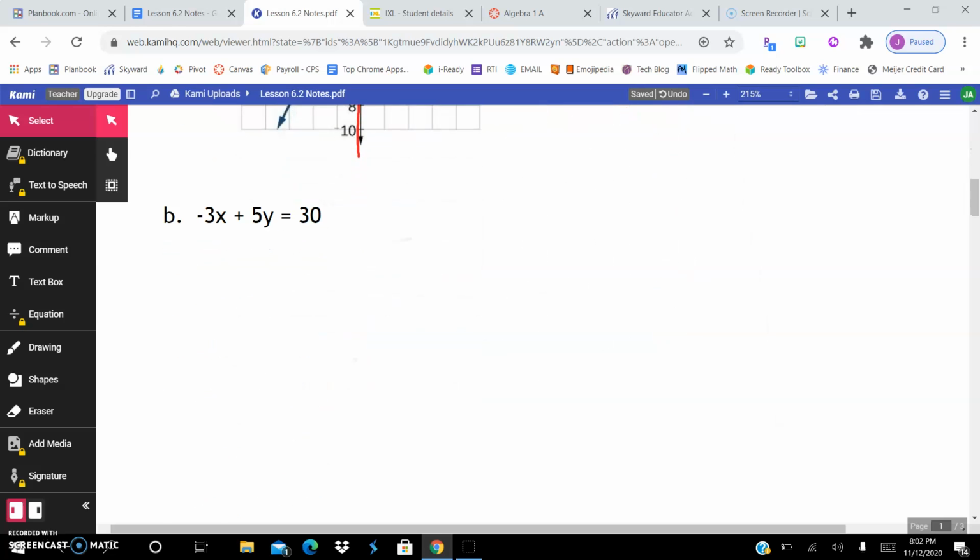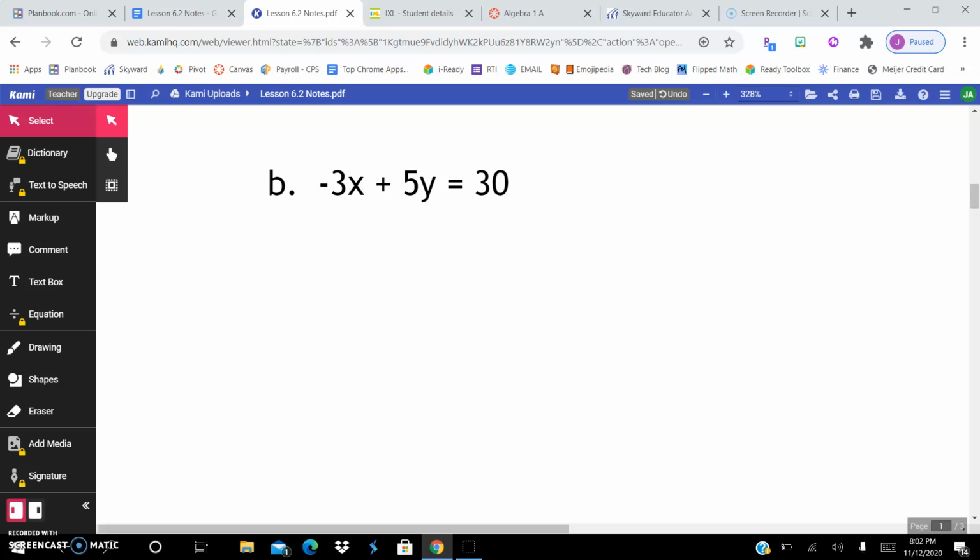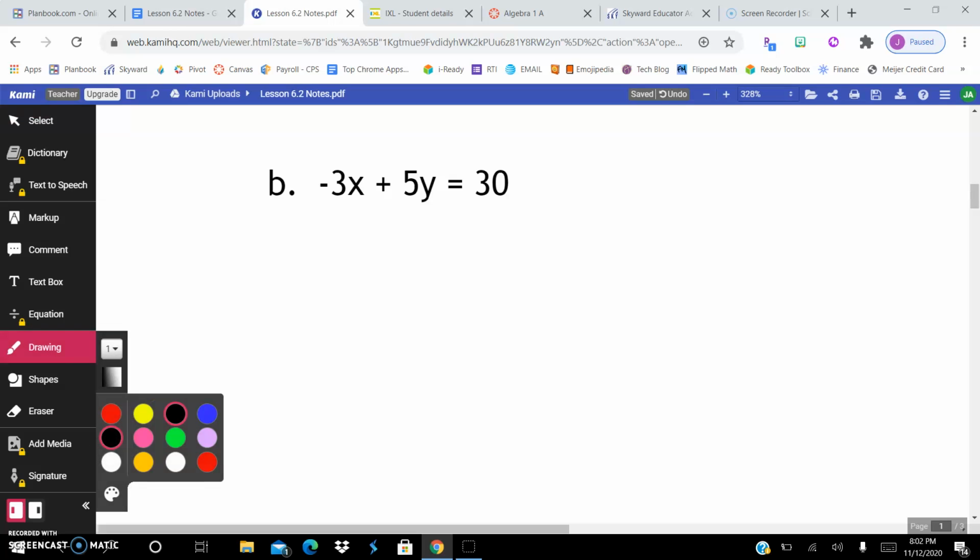Now what happens if they don't give us a graph, but they give us an equation? Well, in the definition, we talked about how if it's an x-intercept, our y value is 0, and if it's a y-intercept, our x value is 0. So we just have to simply plug those values in. So I'm going to start off by finding the x-intercept. So that means I am going to plug a 0 in for y.